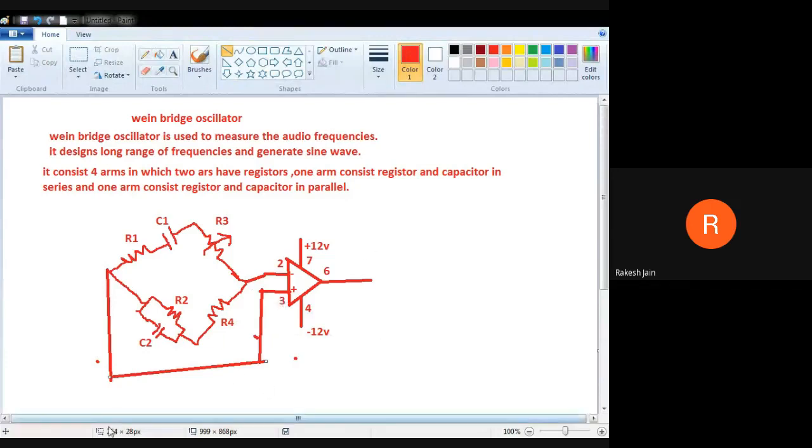Yes, and here we require the supply of plus 12 and minus 12. The feedback can be achieved via the 6th number pin, which is connected with the capacitor, this one, and this point where the resistor R2 and R4 are connected is connected with the output point, negative point, ground point, we can say, this point.